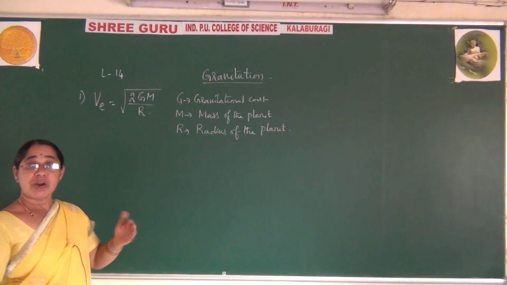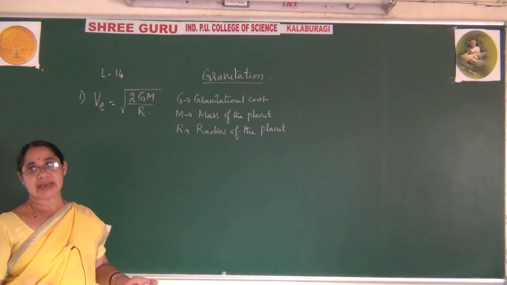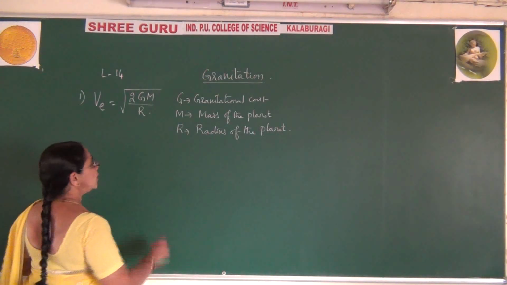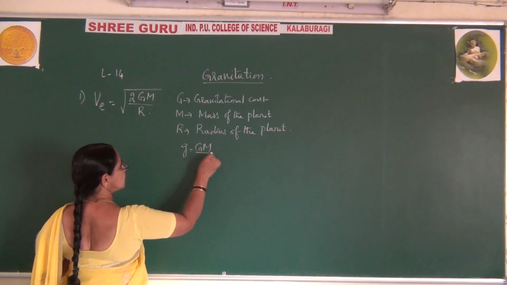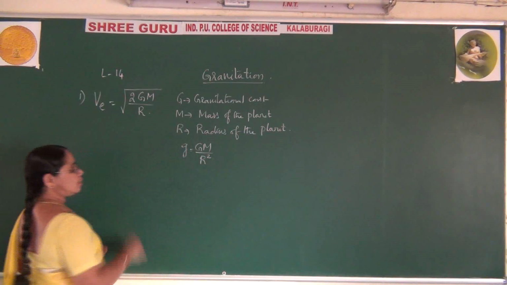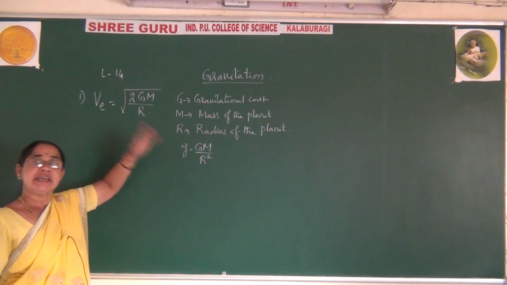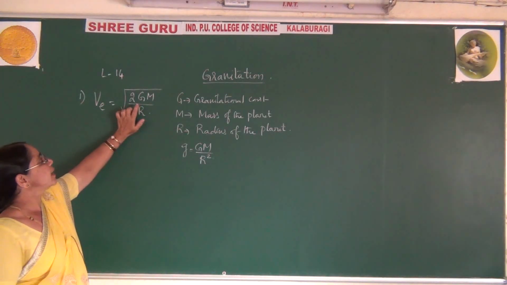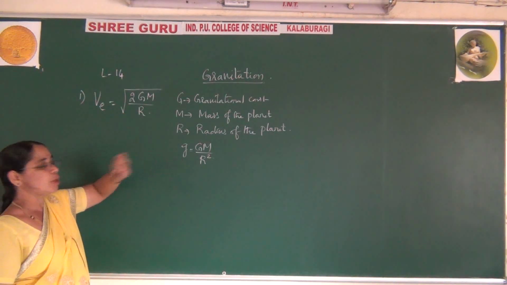Now, one more form I can write for this. In the previous class I mentioned the concept that g is equal to GM by R square, the relation between small g and capital G. Using this, instead of capital G I may write in terms of small g.